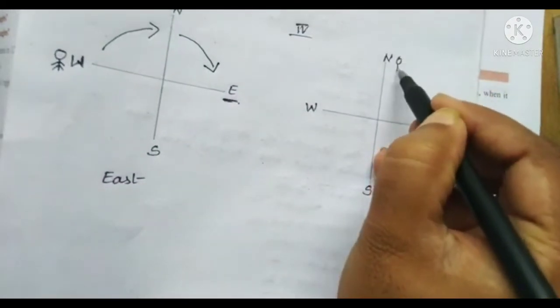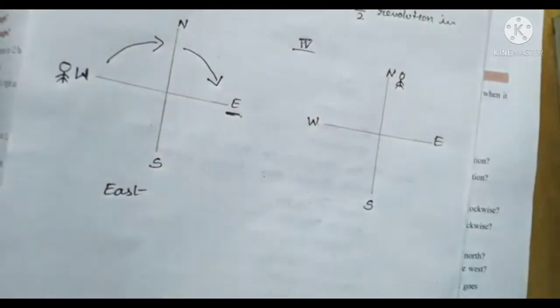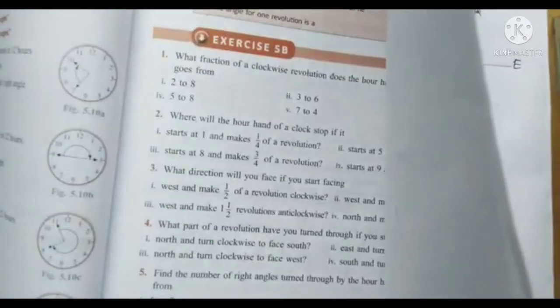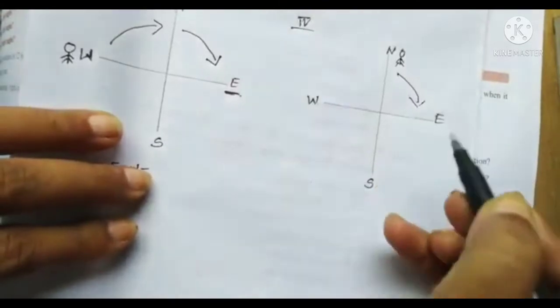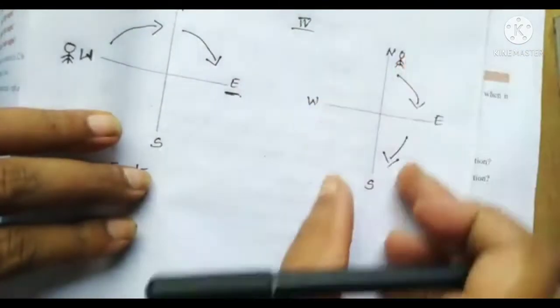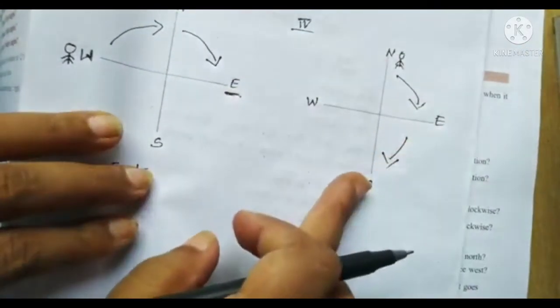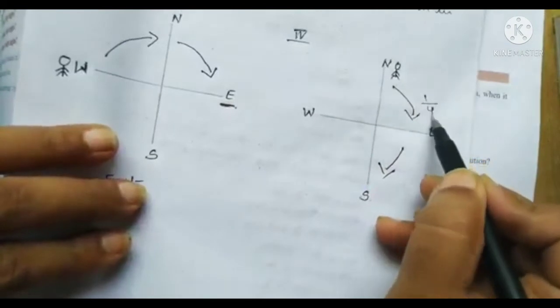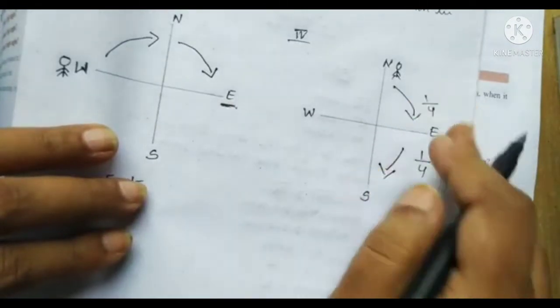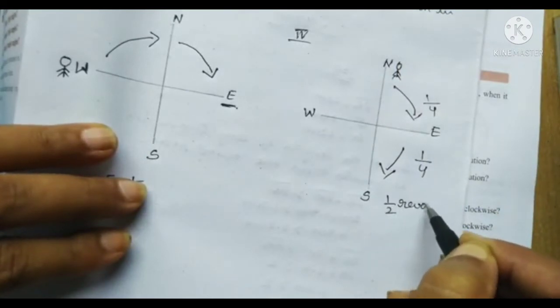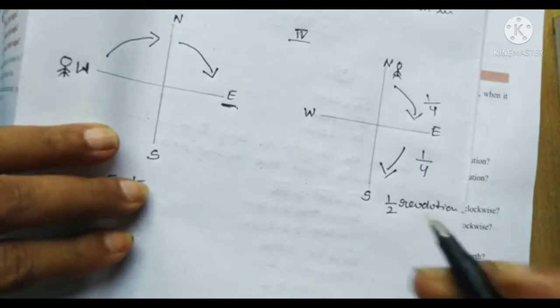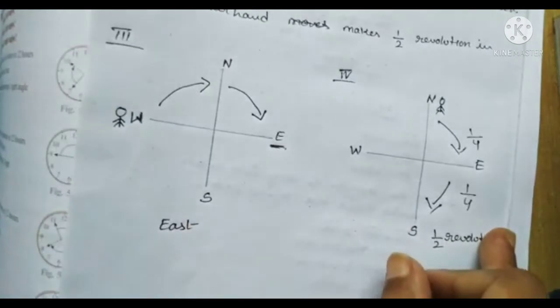So the person is standing here and turns clockwise to face south. This is 1/4 revolution and this is 1/4, which means totally half a revolution. Do like this up to question number 4.